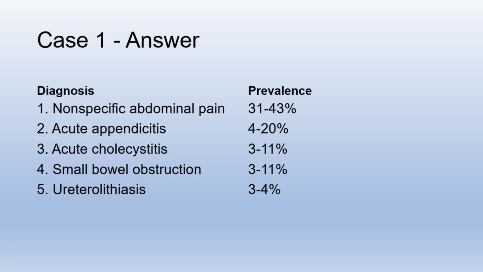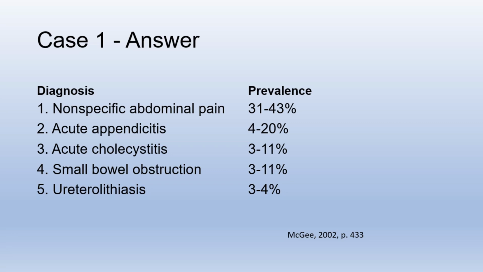So there are 2 take-homes for me from this data for this lecture. Number one is, why is abdominal pain such an unsatisfying problem to pick up on the board from the ED? That is because almost 50% of the time, you're not going to come up with a diagnosis, even with extensive workup, because it's nonspecific abdominal pain.